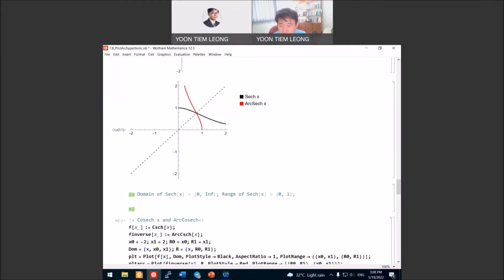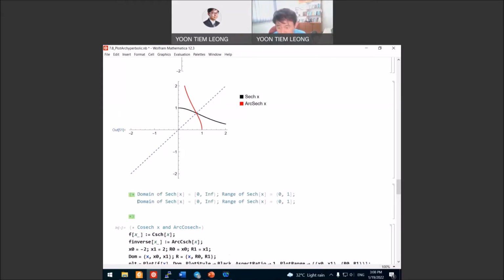Once you have obtained that, you can easily answer the question of the domain and range of arcsecant. The domain of arcsecant is just the range of secant, and the range of arcsecant is just the domain of secant.